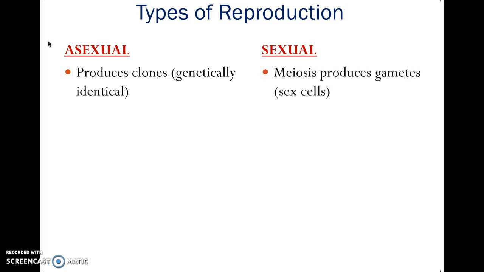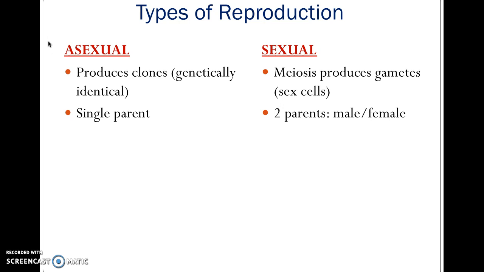For sexual reproduction, there has to be gamete cells present for fertilization. So these are going to be the sex cells, which are made during meiosis. For asexual reproduction, there's going to be one parent, and for sexual reproduction, there needs to be two parents, a male and a female, for fertilization.